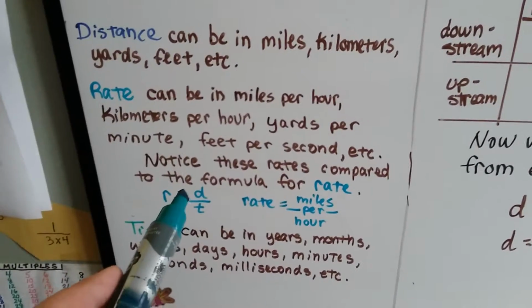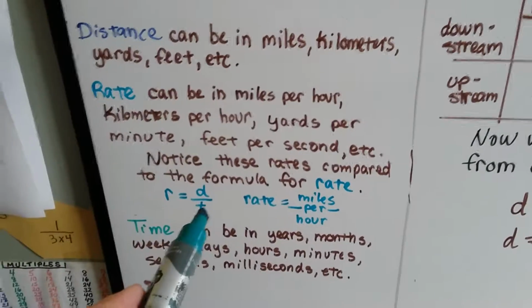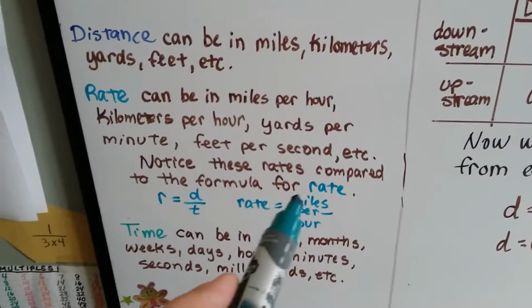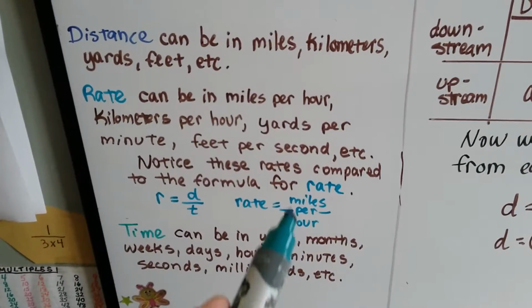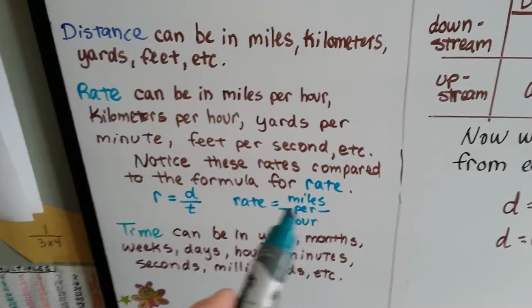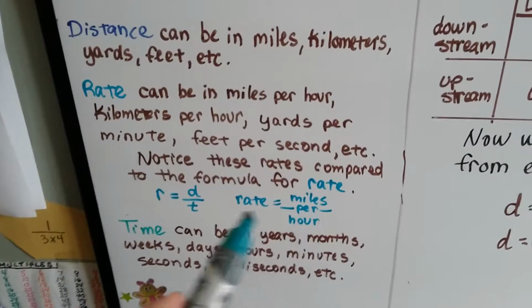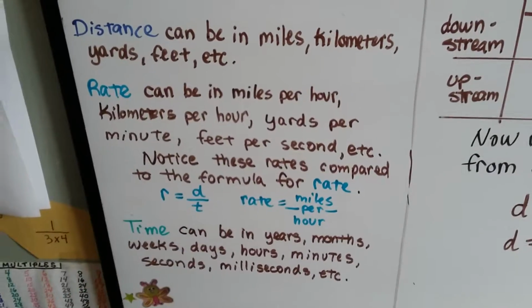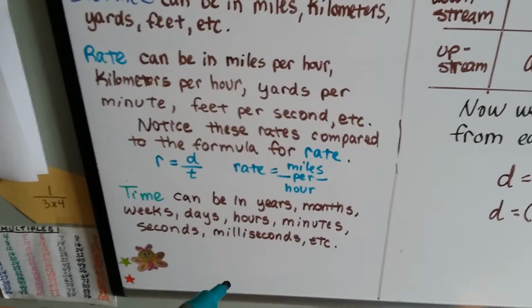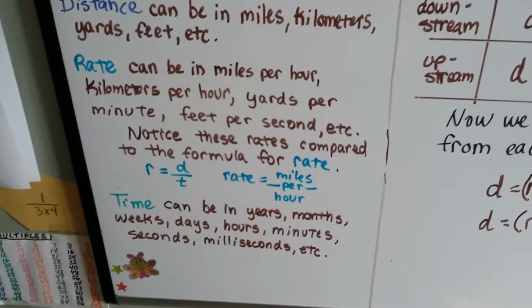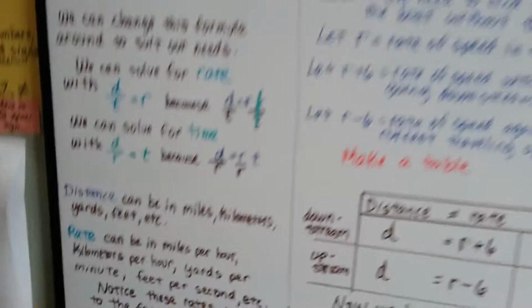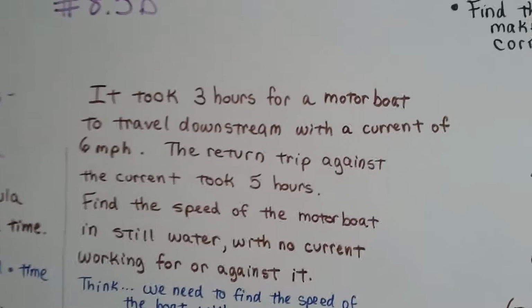So the rate is equal to the distance divided by the time. The rate is equal to the miles per hour, or feet per hour, or kilometers per hour. And this word per is almost like it's taking the place of that fraction bar. See that? And then, of course, time can be in any increments of time, like months, years, days, weeks, hours, minutes, okay?